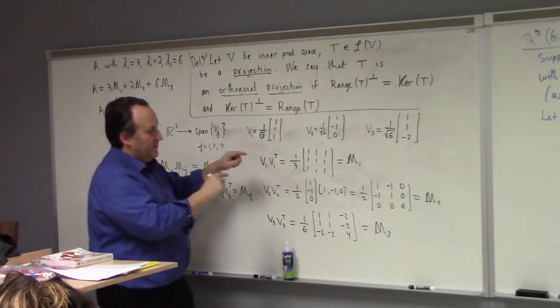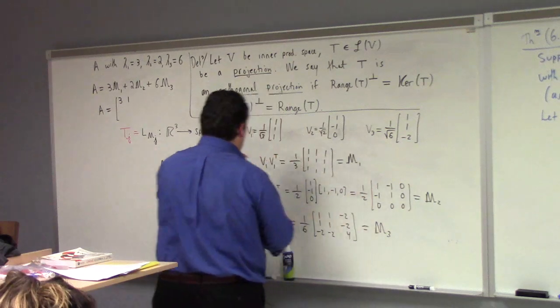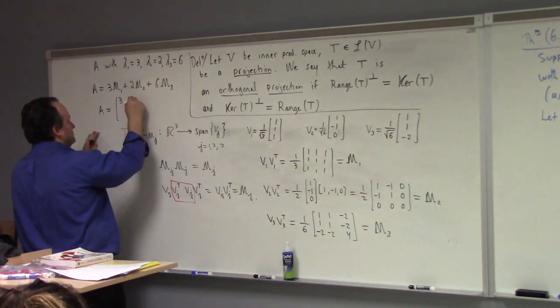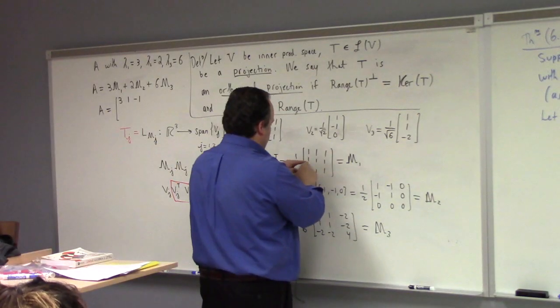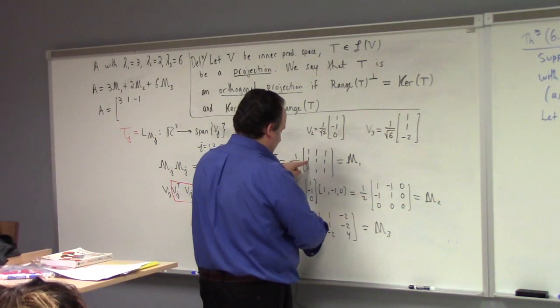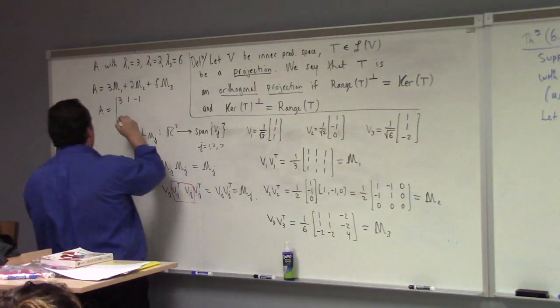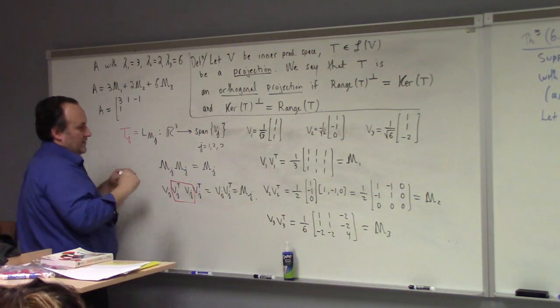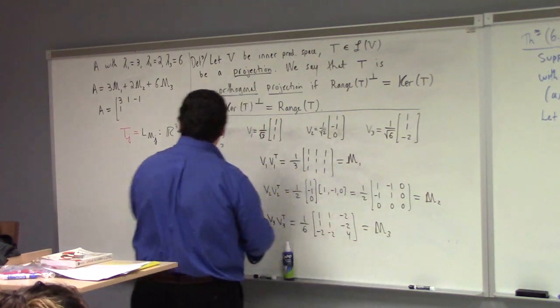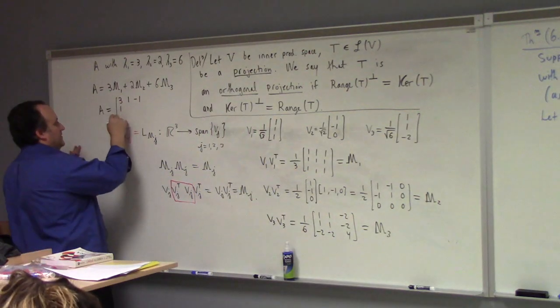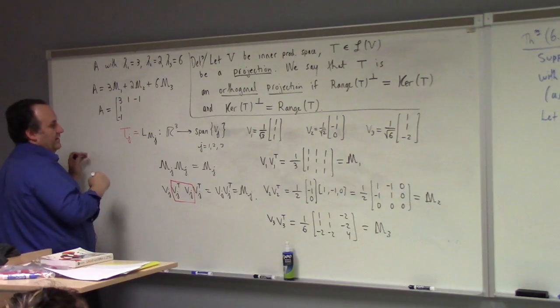I'm doing the top row. 1 plus 0 minus 2, minus 1. Let's see here. 1 minus 1 is 0, plus 1, 1. I'm doing the first column. 1 plus 0 minus 2, minus 1. Well, that's interesting. Look at that.